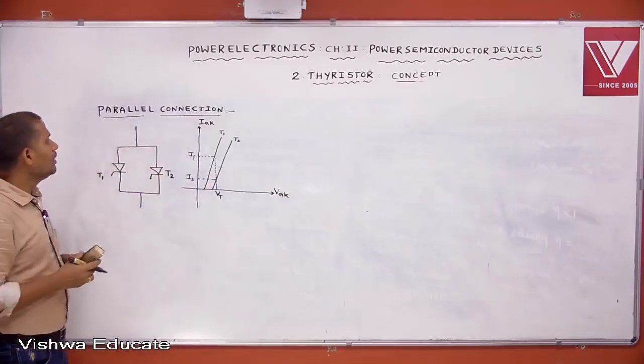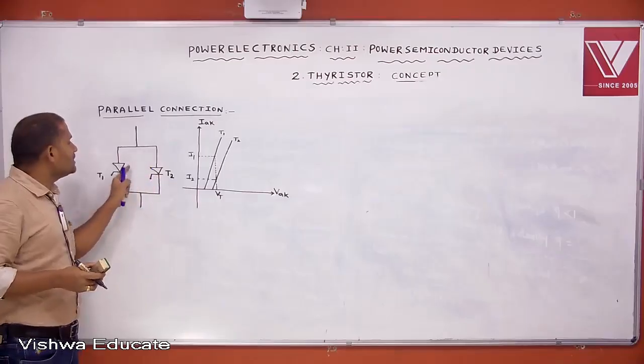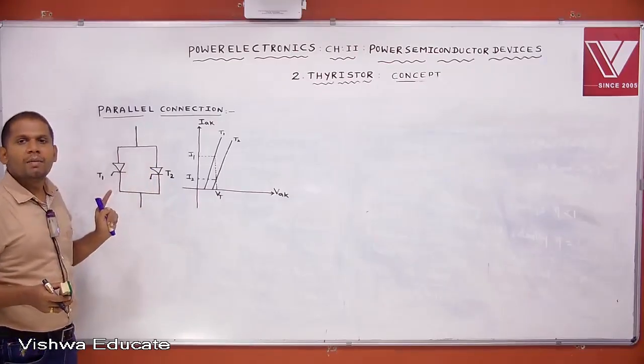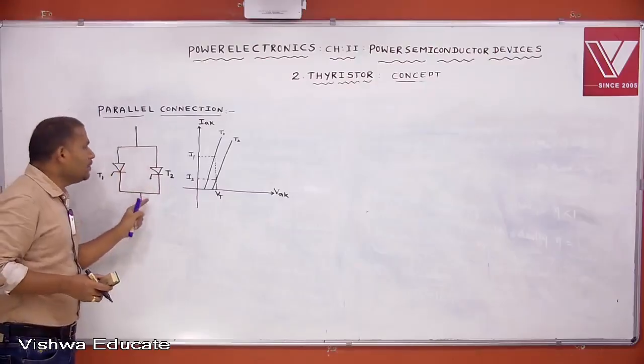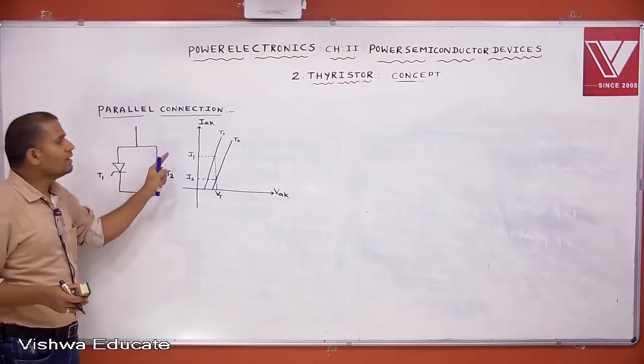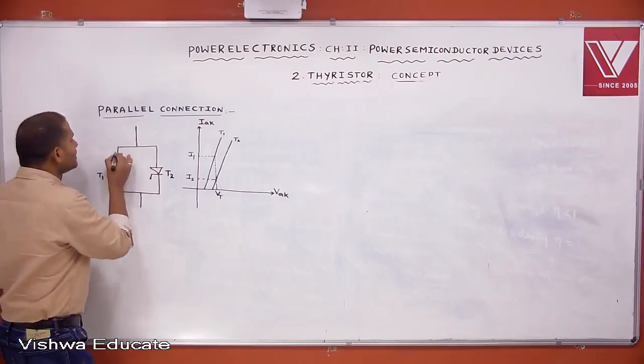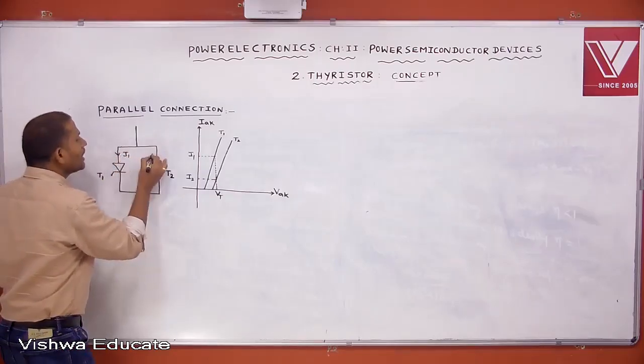That means even though the SCRs have the same rating and same specification, practically they don't have the same static VI characteristics. Because of unequal static VI characteristics, there exists an unequal current distribution.